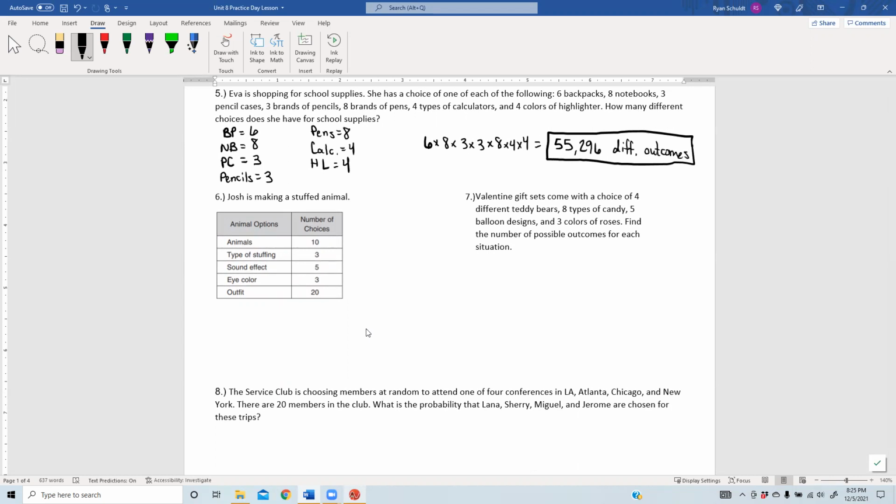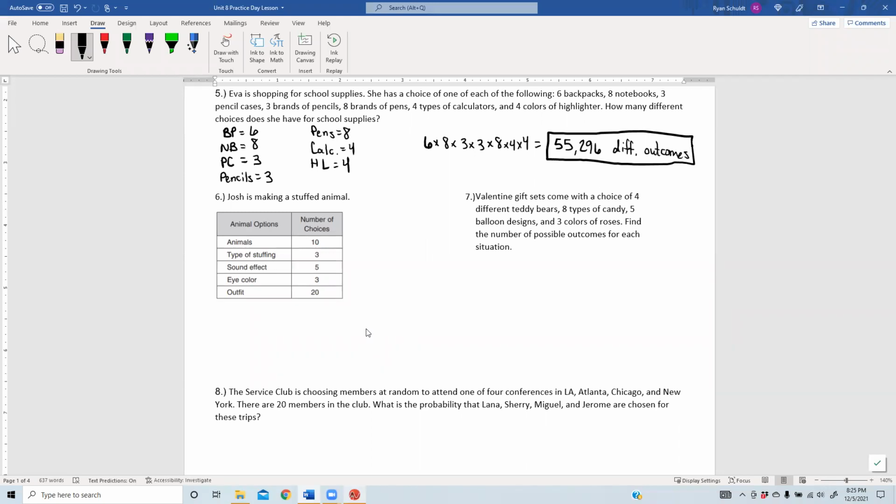Okay, Josh is making a stuffed animal. Maybe he's at like Build-A-Bear or something. I don't know. But he's got 10 choices for animals, 3 choices for type of stuffing, 5 choices for sound effect, 3 choices for eye color, and then 20 choices for outfit.